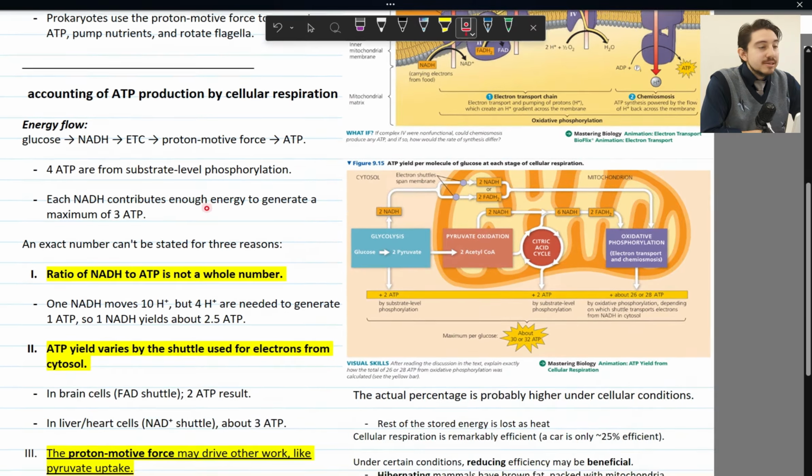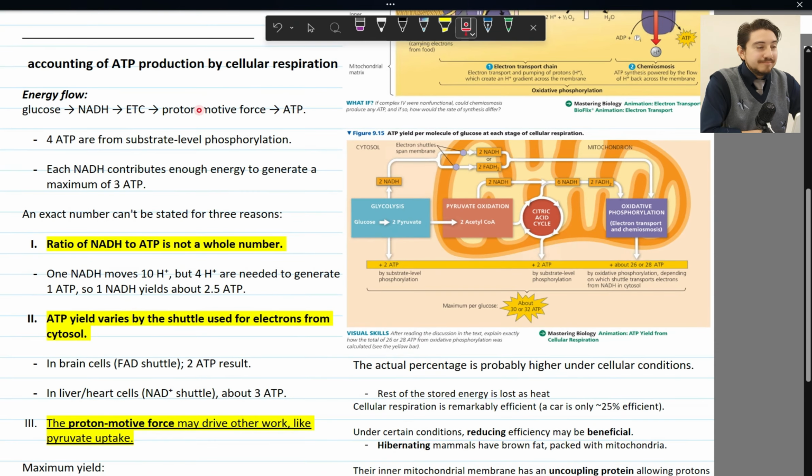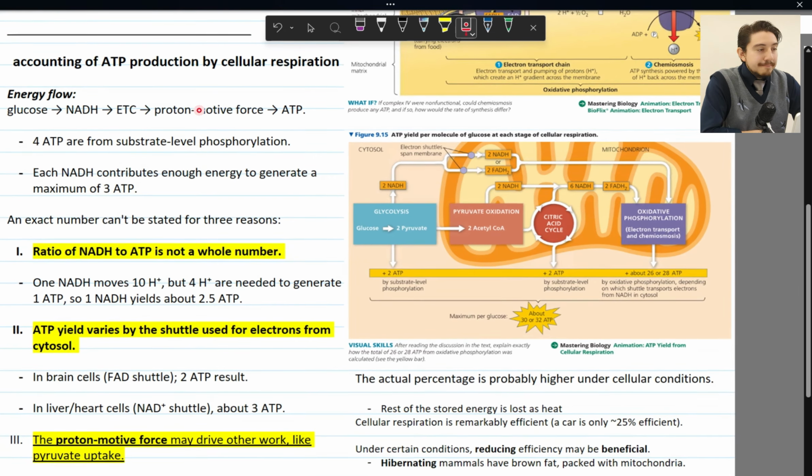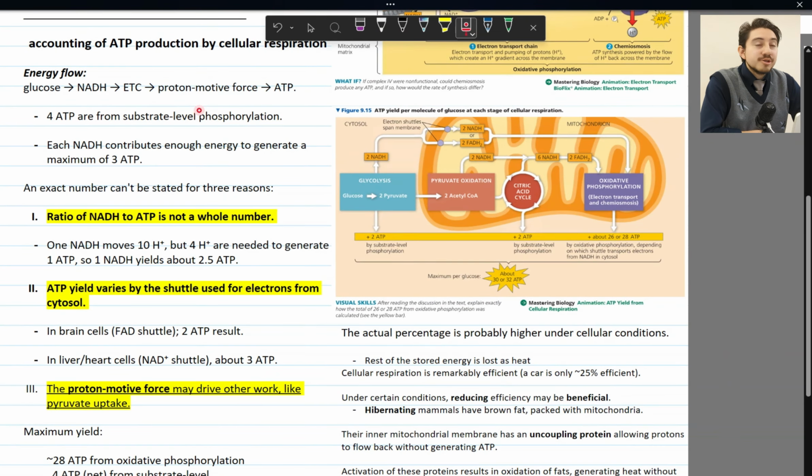All right, let's continue. Accounting of ATP production. In a nutshell, we're almost done with this whole process of cell respiration. Let me zoom out. Okay, energy flow. Now we've seen the entire process. We obtain glucose after eating, we process that food and break it down, and we have our molecule of glucose.